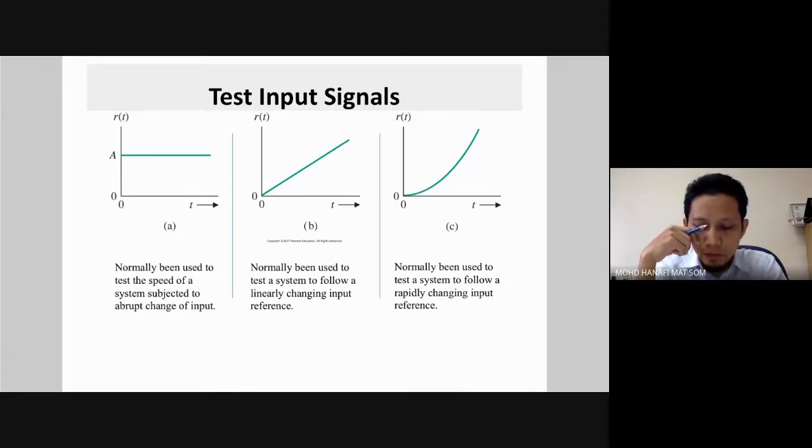And then for the ramp, normally we use it to test a system to follow a linearly changing input reference. And the parabolic is normally used to test a system to follow a rapidly changing input reference. We will see later in these examples the use of the test input signals.